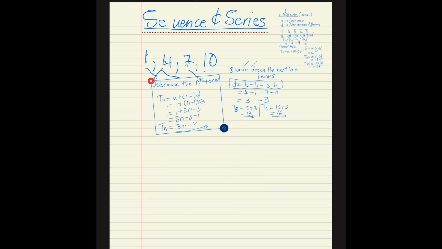Now let's say the following question says determine or calculate term number 54. How do I determine term number 54?